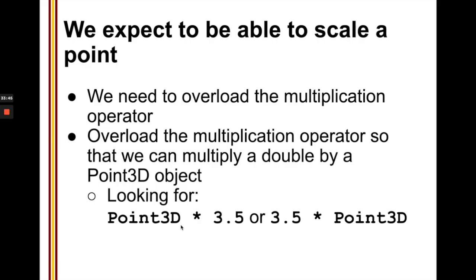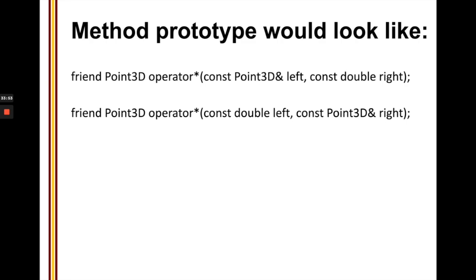One for Point3D times a value, or a value times Point3D. And this is what the two prototypes would look like. And notice that the only difference is that the parameters are reversed. Why do I have to do that? Because of the commutative law of multiplication. I should be able to multiply them either way and have it work out fine. Here's the cool part. Basically, the code within them is going to be the same. So let's try that now.